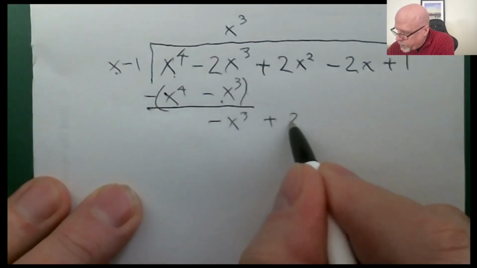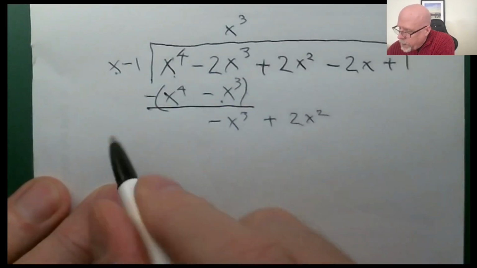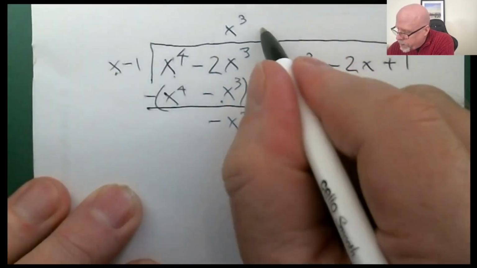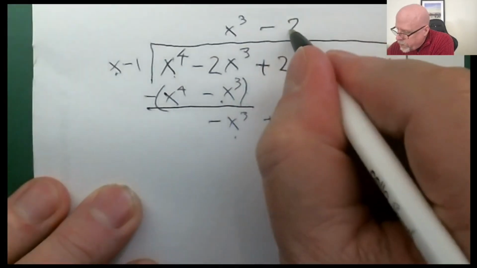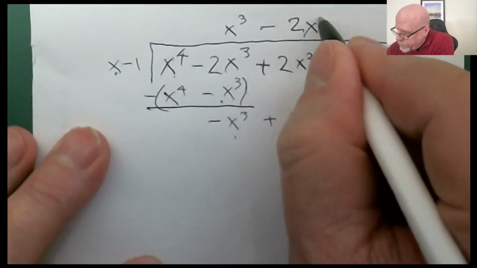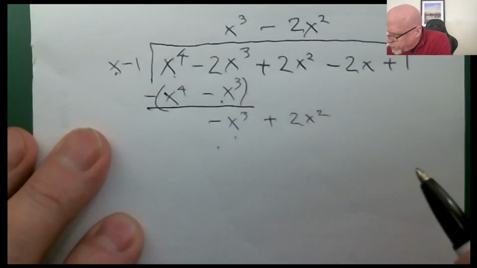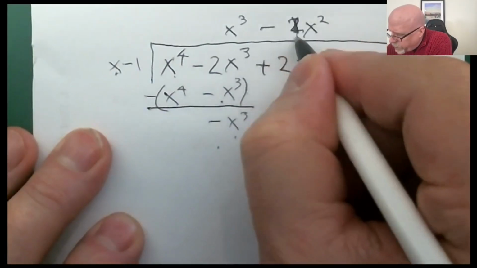And then the other terms can be brought down if you like. It's enough to do just the next one. x into minus x cubed gets us negative x squared. Multiplying back, what did I do wrong? No, it's just negative x squared, not 2.